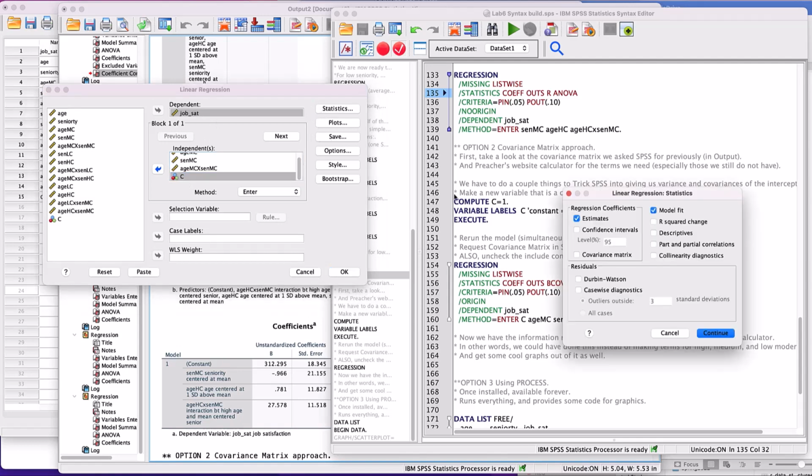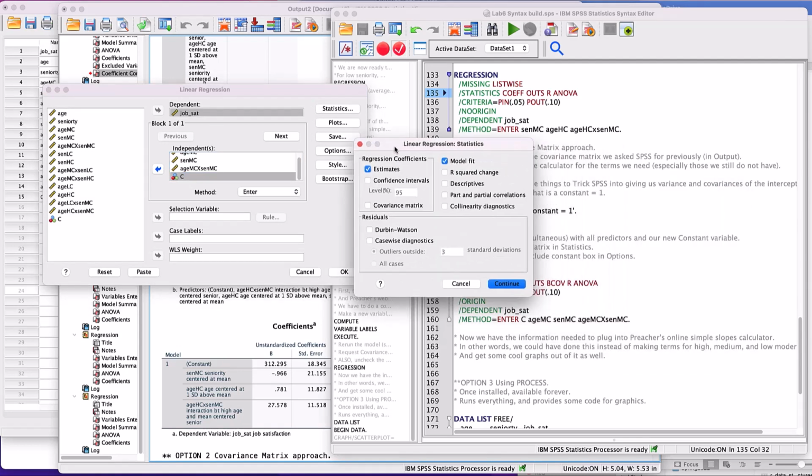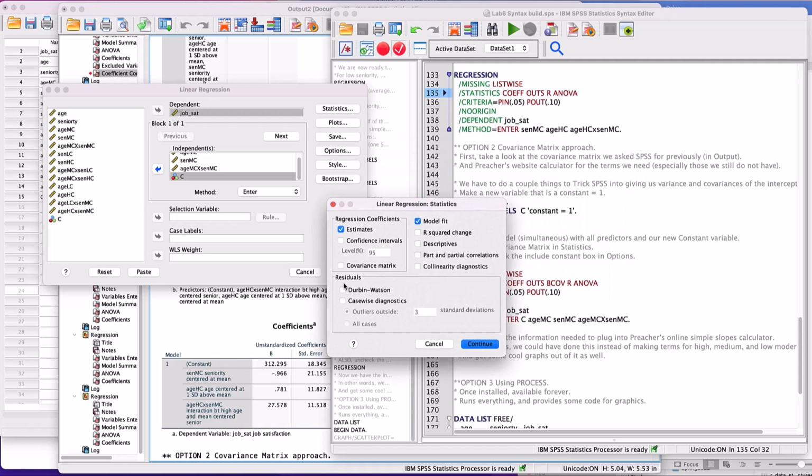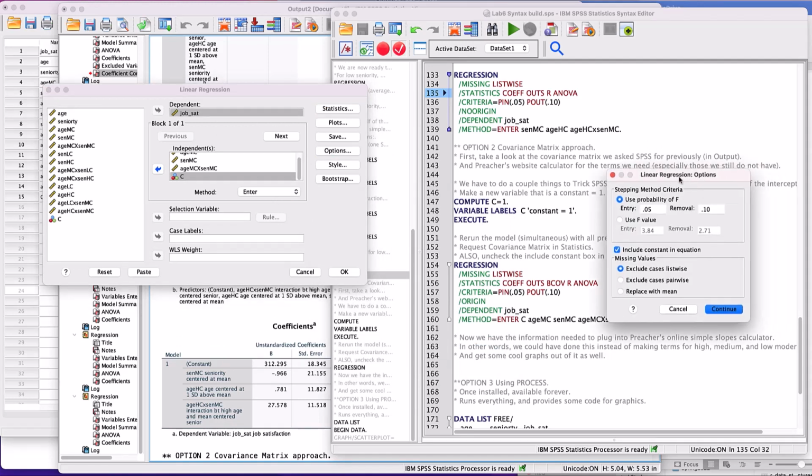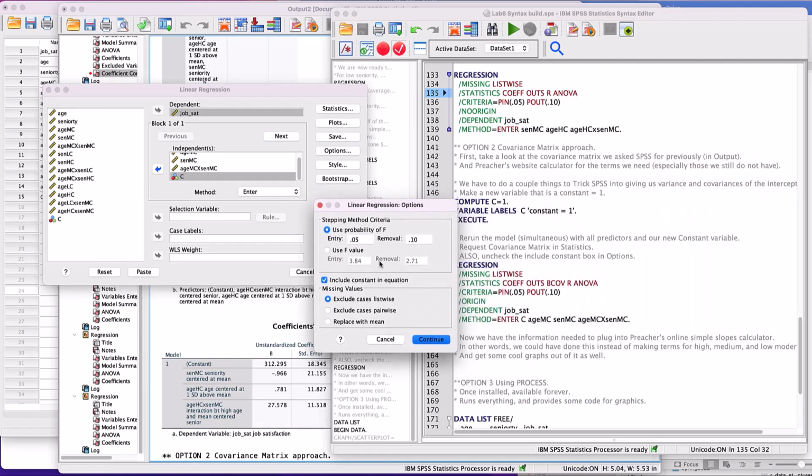In statistics, I'm going to make sure I ask for the covariance matrix. And then in options, I want to turn off this, because it's adding that constant, like that's why we get the y-intercept on our regular stuff.